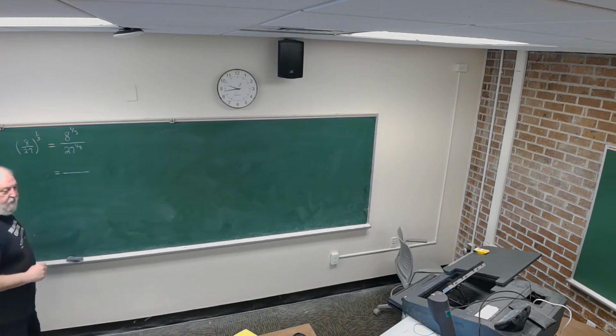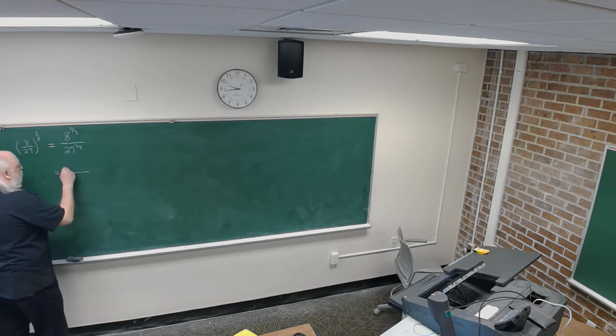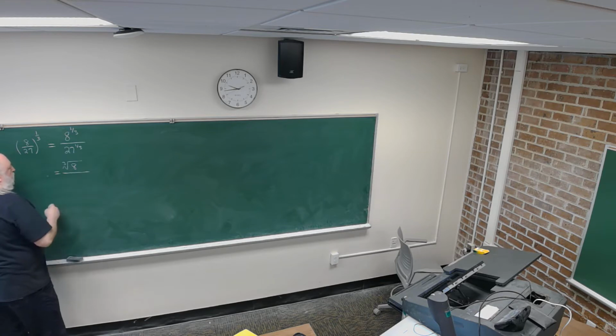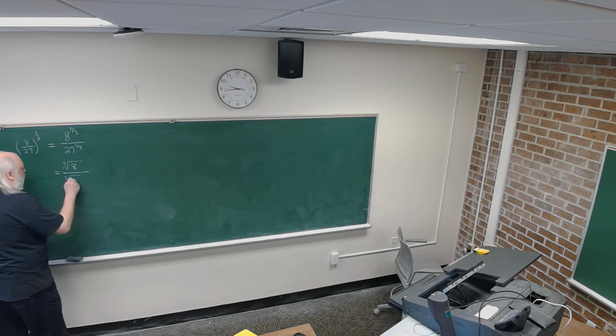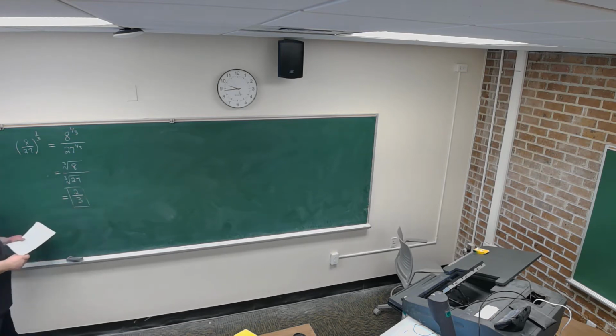Anything raised to the 1/3 power means cube root. So we have the cube root of 8 over the cube root of 27. The cube root of 8 is 2, and the cube root of 27 is 3. Any questions on that?